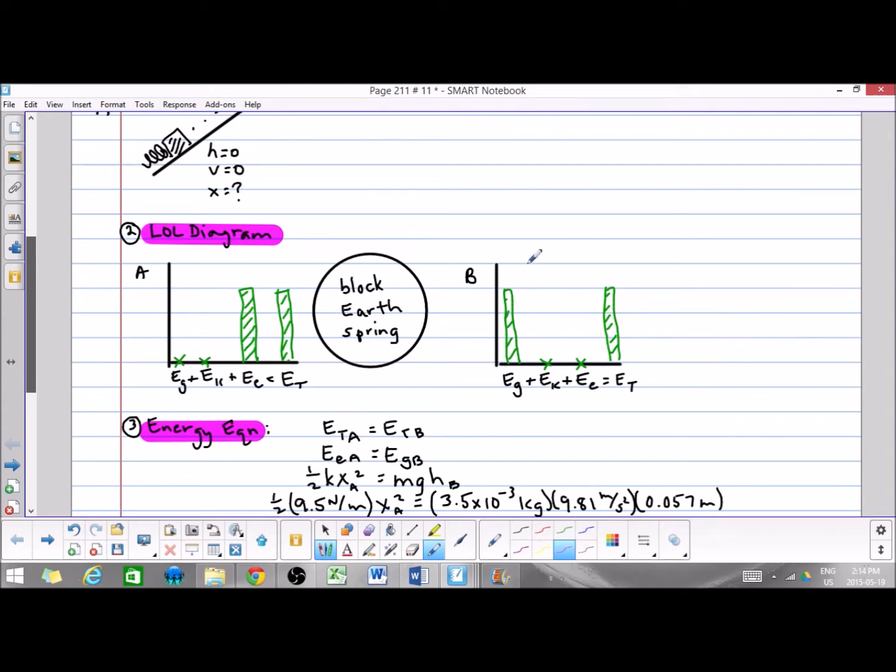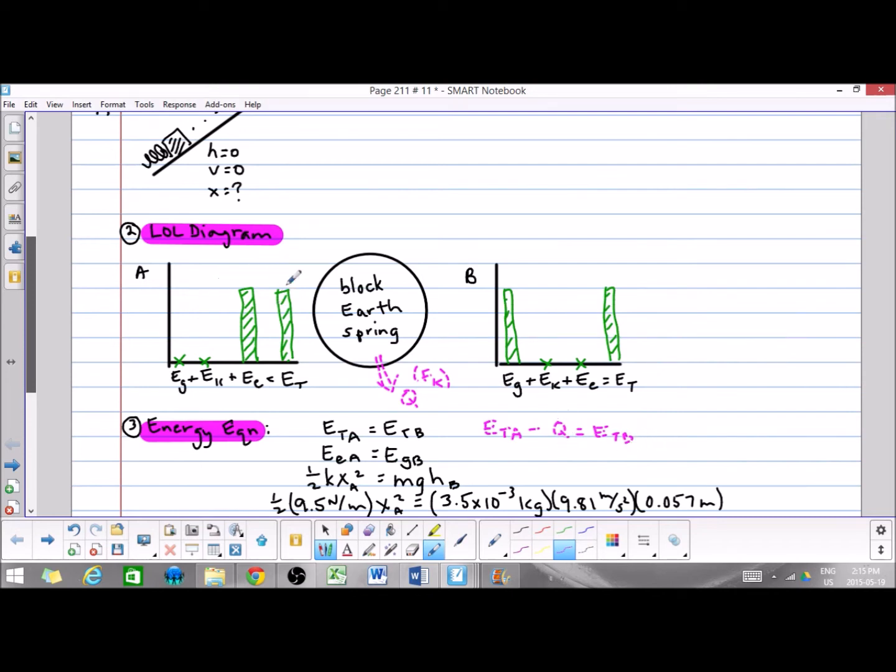But what would be different is that you would have thermal energy exiting the system on account of the kinetic friction on the ramp, which means that your new energy equation would be the total energy at A minus the thermal loss is equal to your total energy at B.